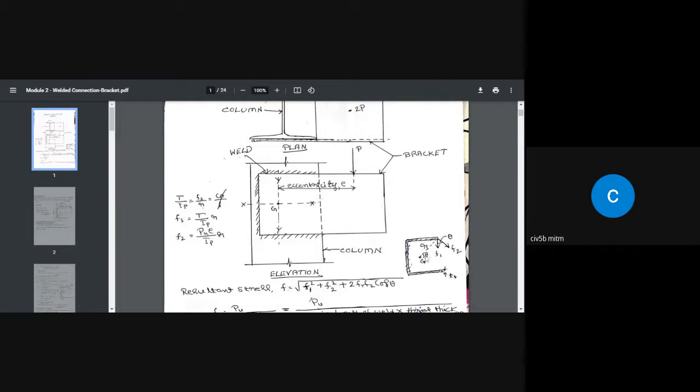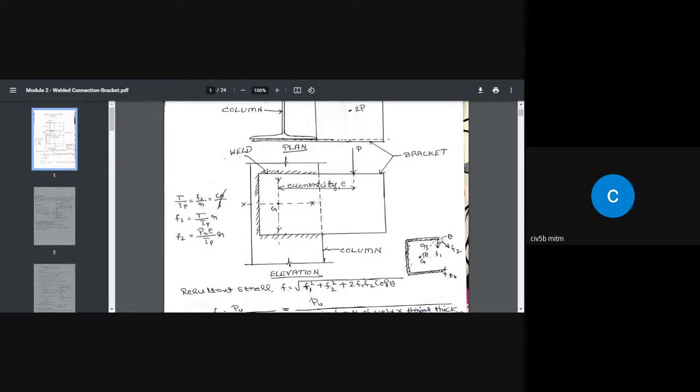What is R here? This is the distance R. So if I consider an area here, from here to that area of the weld, the distance gets reduced and it will be less than R. As a result, the F2 value goes down.